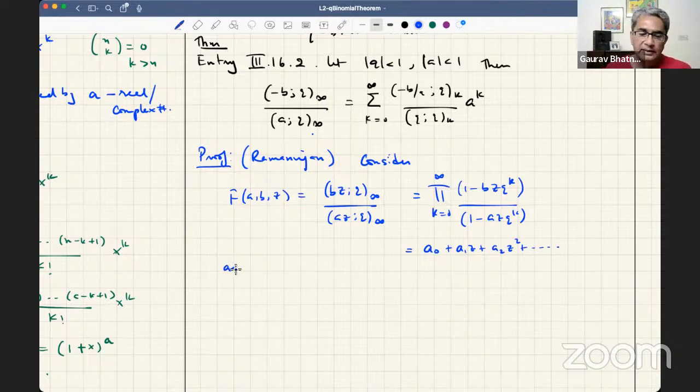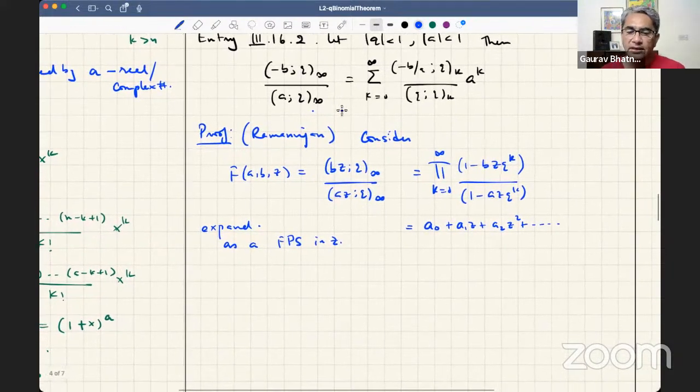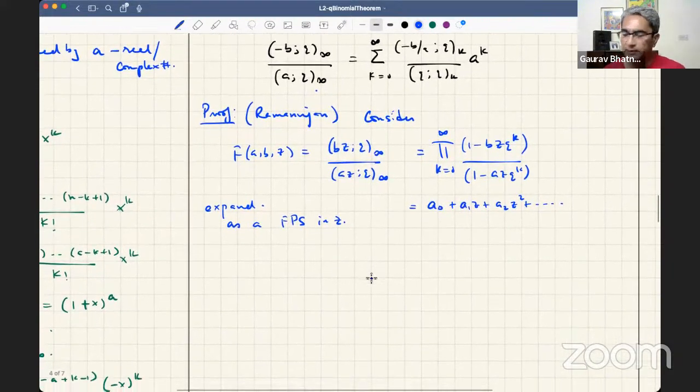So expand it as a formal power series in z. There's no z here, it's just addition, but you just expand it over here.